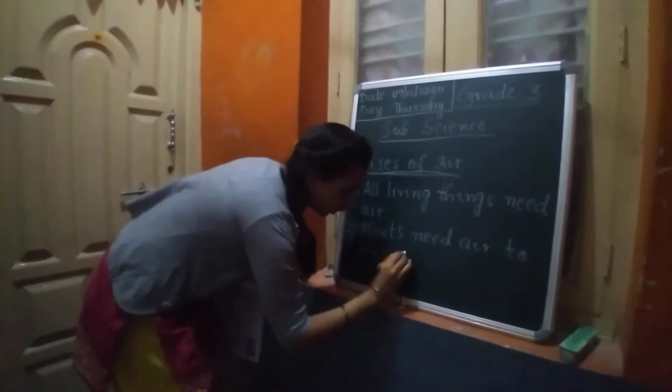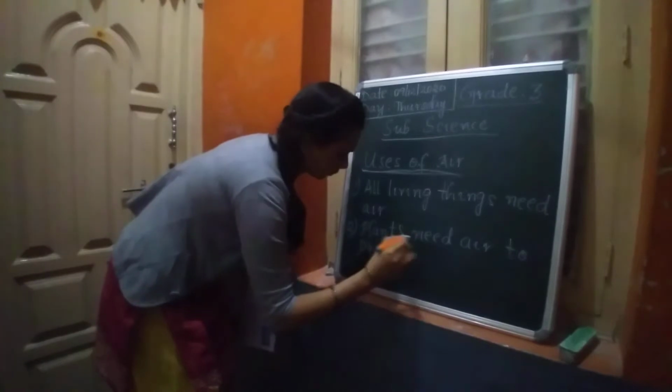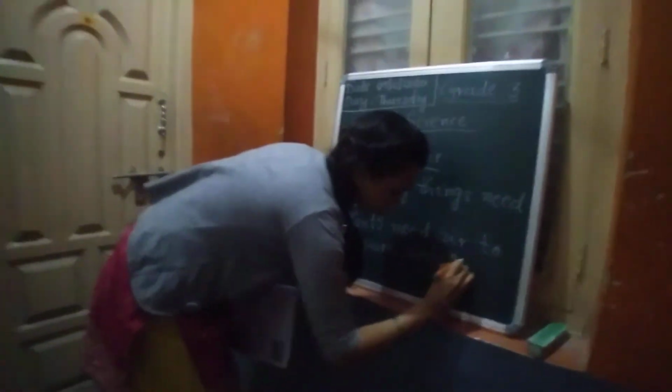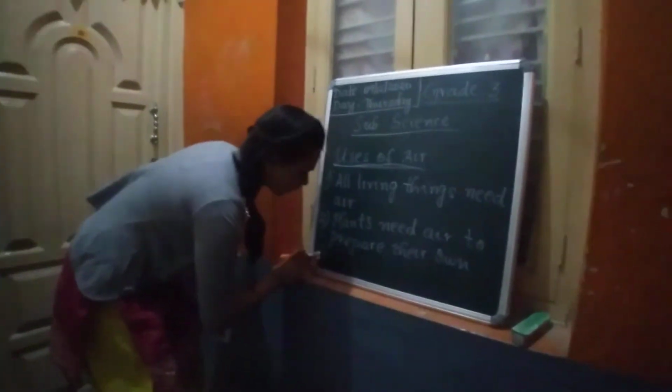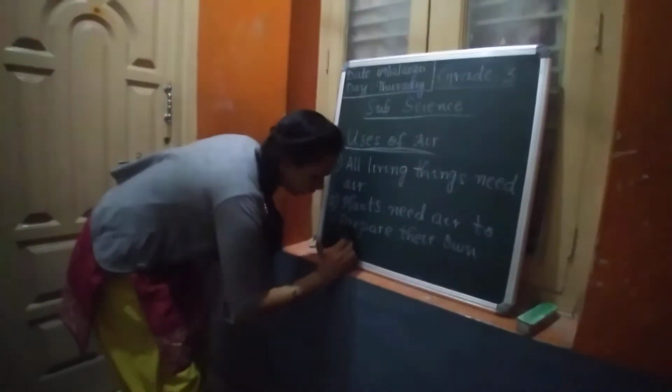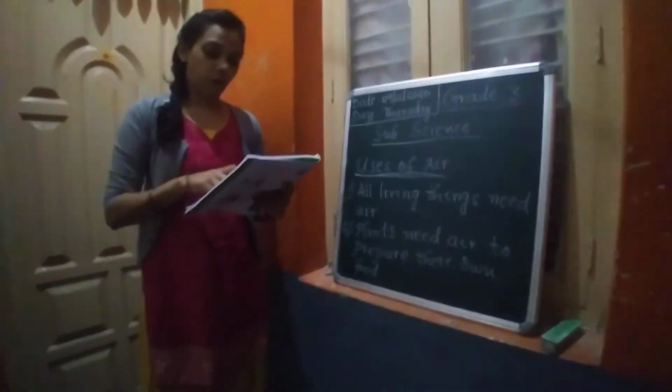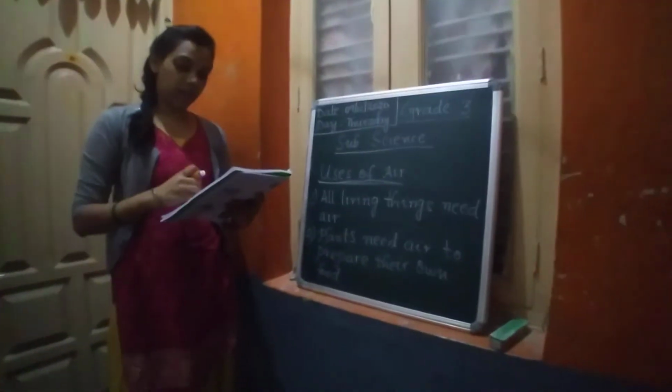As we all know, plants prepare their own food through the leaves. So they need to perform the process of photosynthesis, they need the air. They take in carbon dioxide.